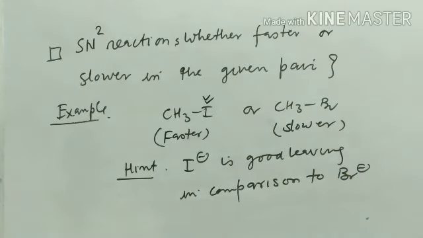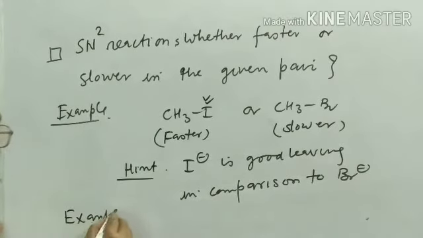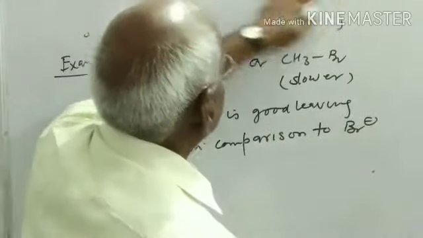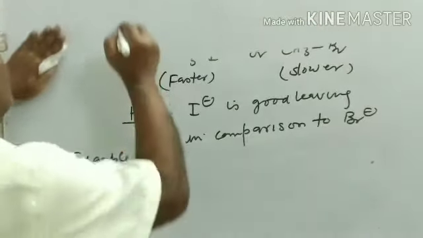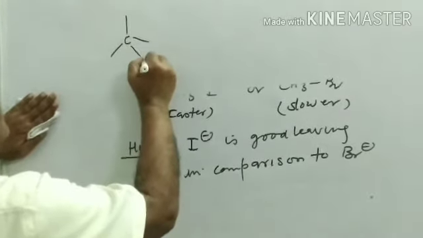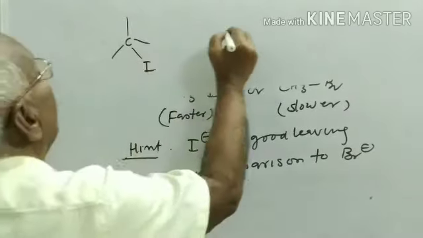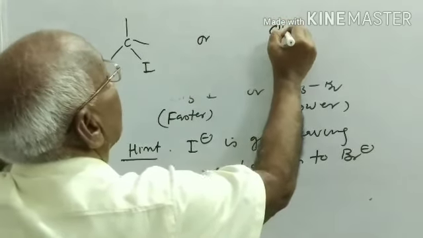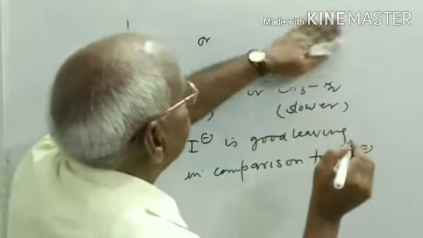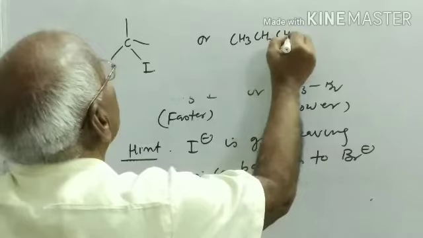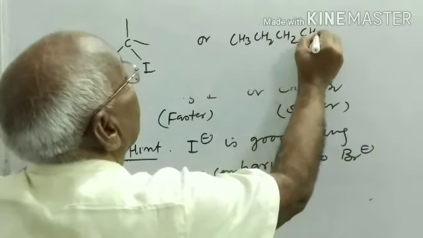Another example: this is I, and here CH3CH2I.